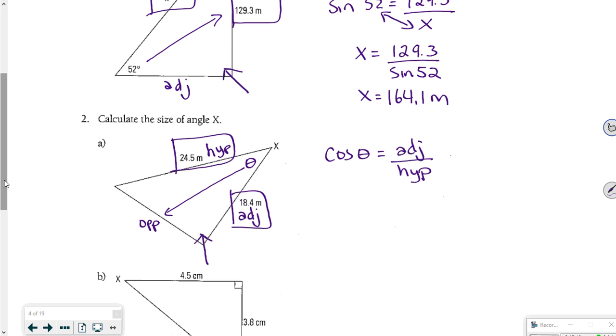Fill in what we know. So we don't know the angle, we have to leave it as our angle. We do know the adjacent though is 18.4. The hypotenuse is 24.5. And now to get the angle all by itself, we do the inverse.